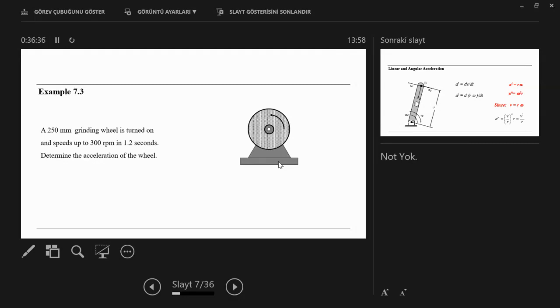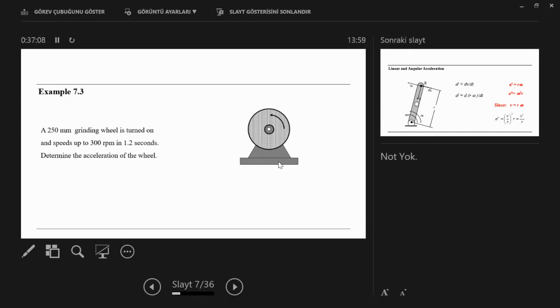Omega is equal to 2 pi n. That means the omega changes from 0 to this value. Omega initial is 0, and this is the omega final. So we calculate omega final.